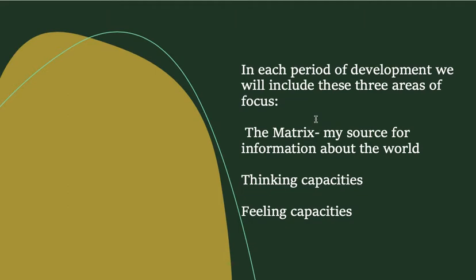The matrix, which is basically, by definition, a source for information. So at different times in a child's life, different people or experiences become the way they learn about their world.